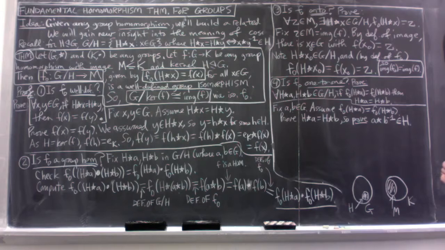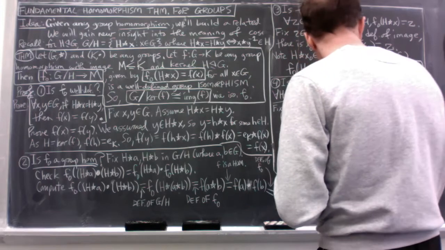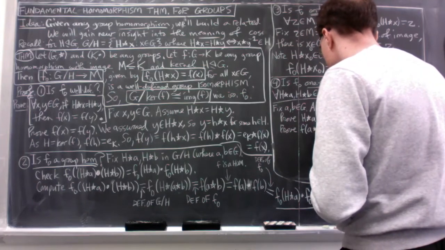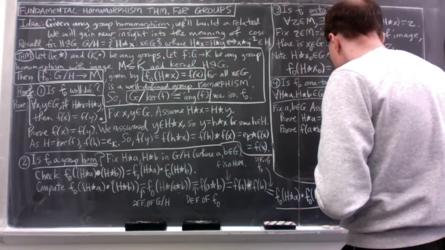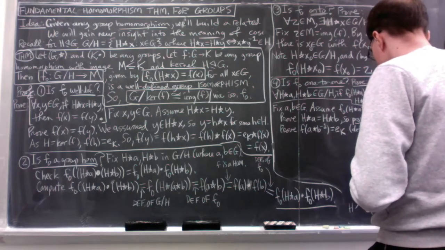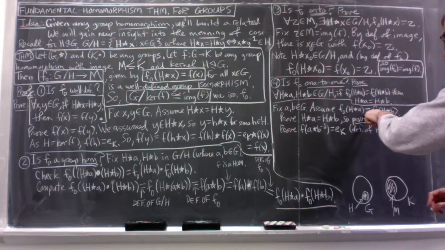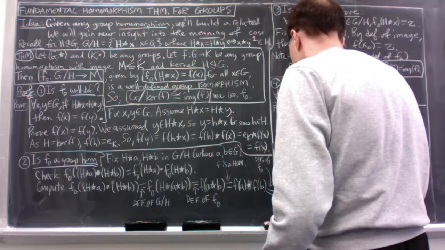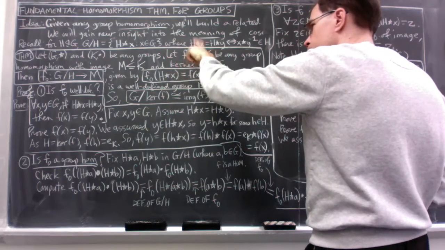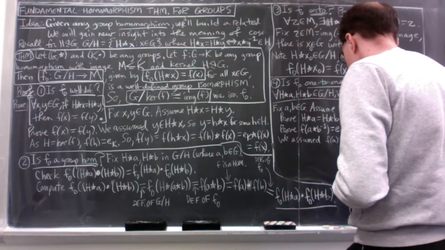Okay. Well, what does that mean? So first of all, let's keep rewriting the goal for a second. Because H is the kernel, we have to prove that f of a star b inverse is equal to e sub K, by definition of H, namely the kernel of f. So I'm just rewriting the goal even more. And what we've got in our assumption, by the definition of f naught, is that f of a is equal to f of b.